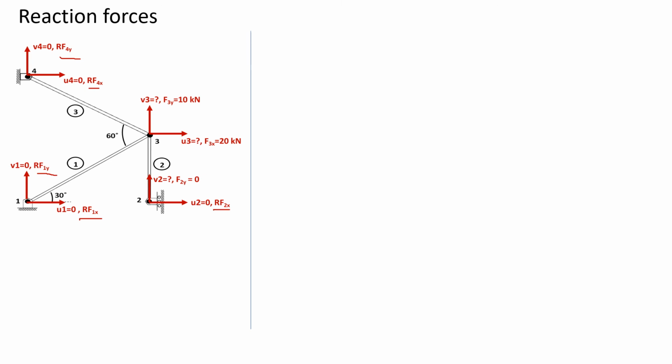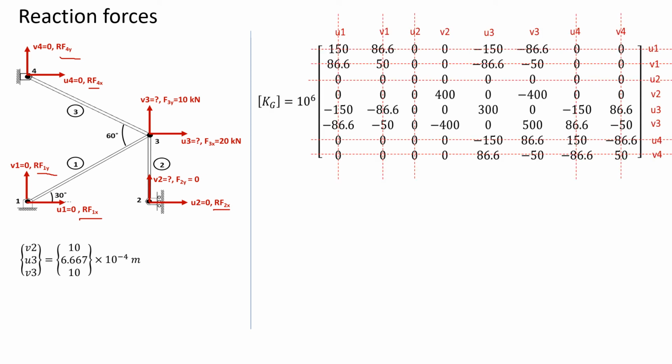So if you want to determine all these reaction forces, what we have to do is use our global stiffness matrix again. Those rows that we have eliminated, we can use to calculate the reaction forces. For example, the first row, U1, we can use to calculate our reaction force in x direction, because U1 corresponds to RF1x.